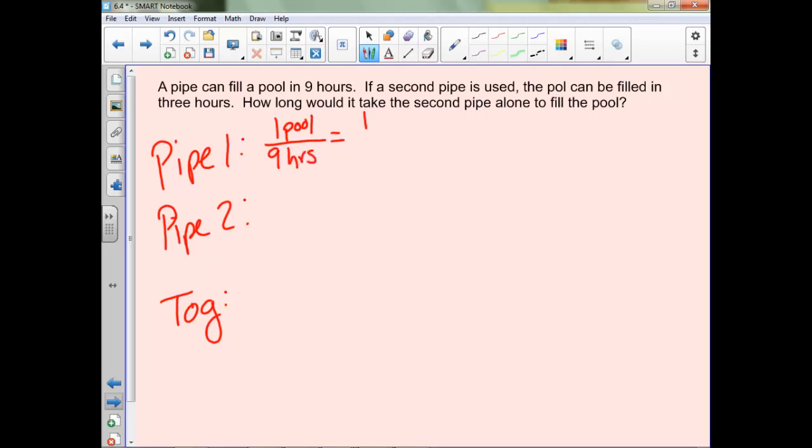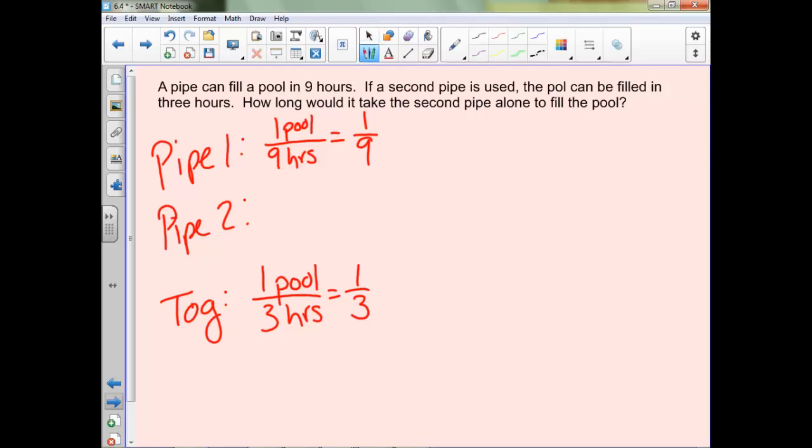So its rate is 1/9. We are also told that together they can fill one pool in 3 hours. What this means then, the rate for both together is 1/3.